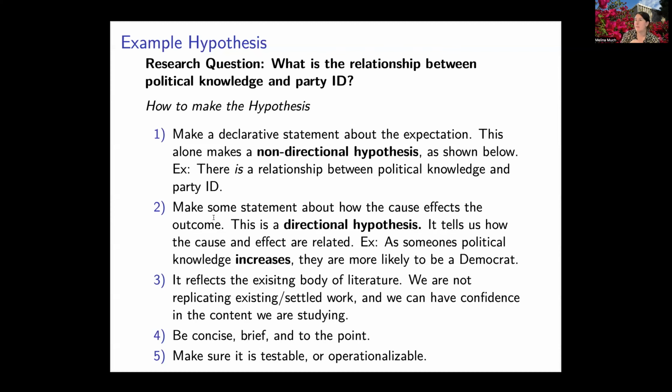Non-directional is just going to make a blanket statement that there is going to be a relationship and not go deeper. Things to keep in mind: these hypotheses, again, should be a good reflection of the existing body of literature. Ideally, we don't want to just replicate existing or settled work that has already been done.